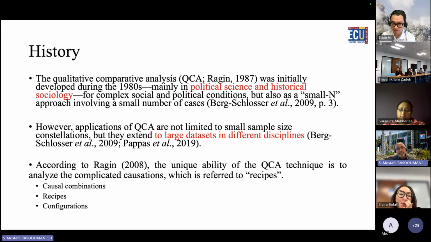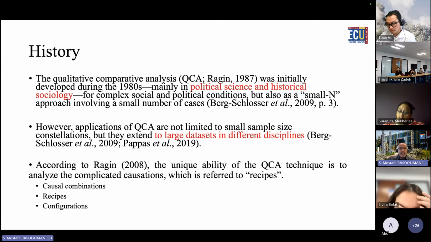But the ability of this method, or the ability of QCA technique, is to analyze complex causation and complex relationships between social phenomena. This method is able to identify combinations of factors, which we also call a recipe or configuration, that lead to create an outcome.